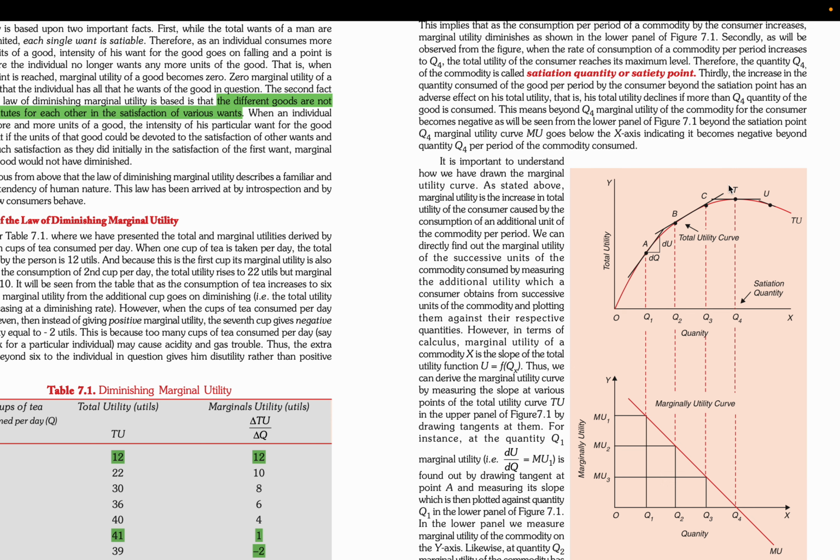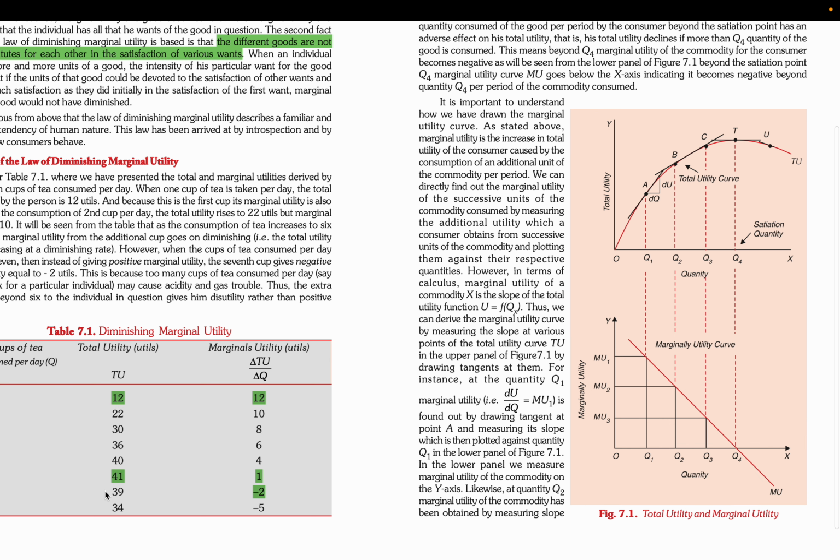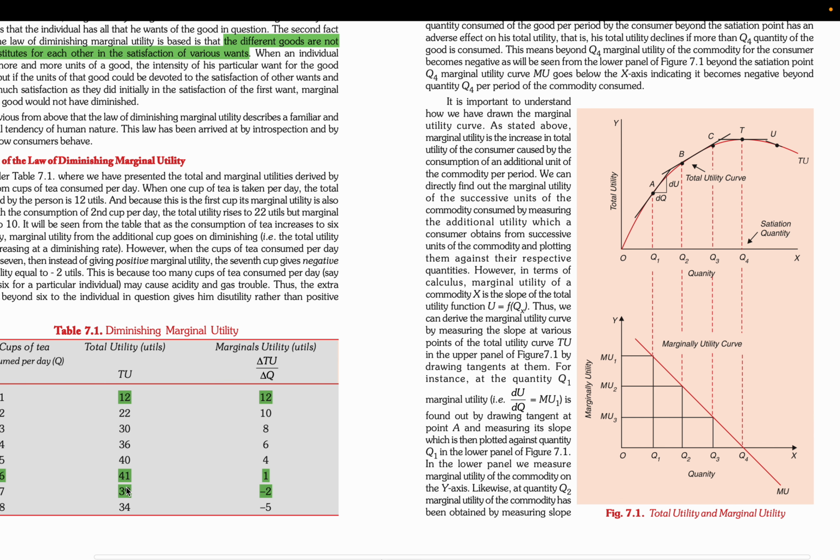Thirdly, the increase in the quantity consumed of a good per period by the consumer beyond the satiation point has an adverse effect on its total utility. That is, total utility declines if more than Q4 is consumed. So total utility is declining. How can total utility decline after a particular point? Let's say in this case it's 7. So after Q4 it's going down.